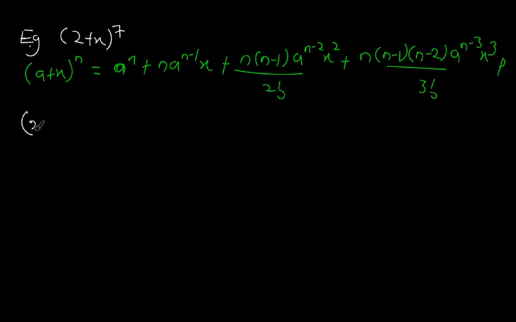So we have 2 plus x raised to the power 7. What we will be having is the first term, which is the a.